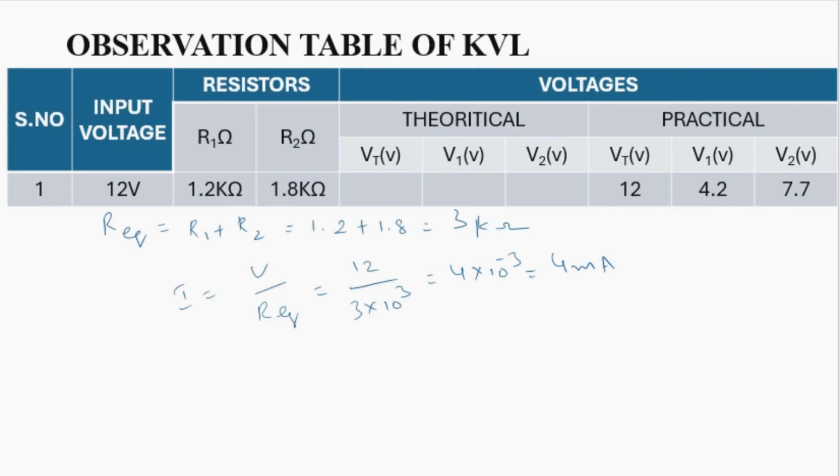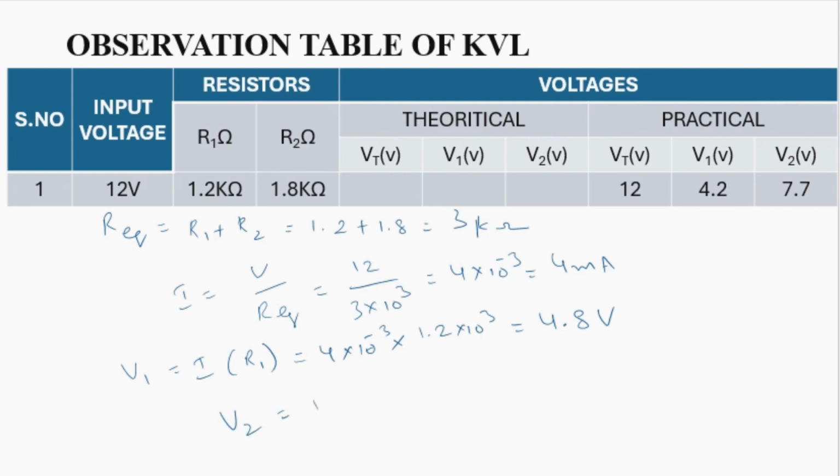This is the current. V1 equals I into R1, 4 into 10 power minus 3 into 1.2 into 10 cube, which equals 4.8 volts.